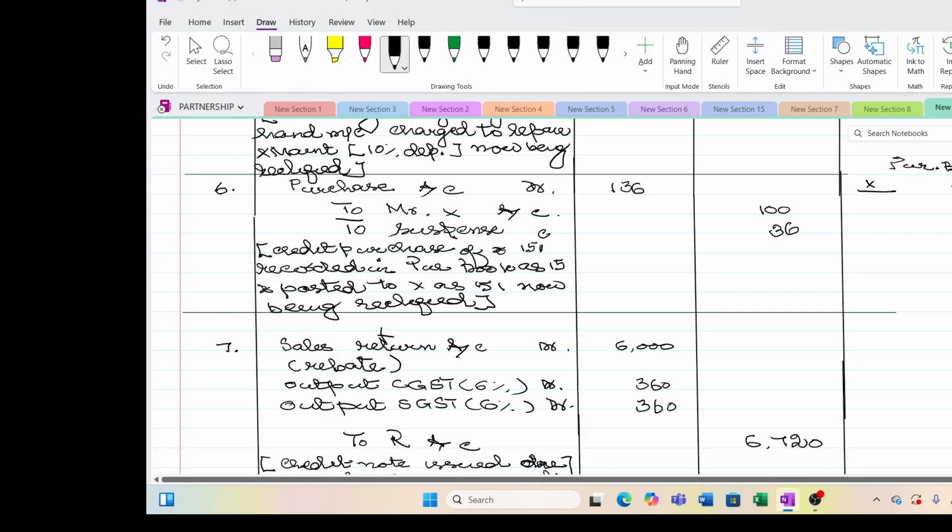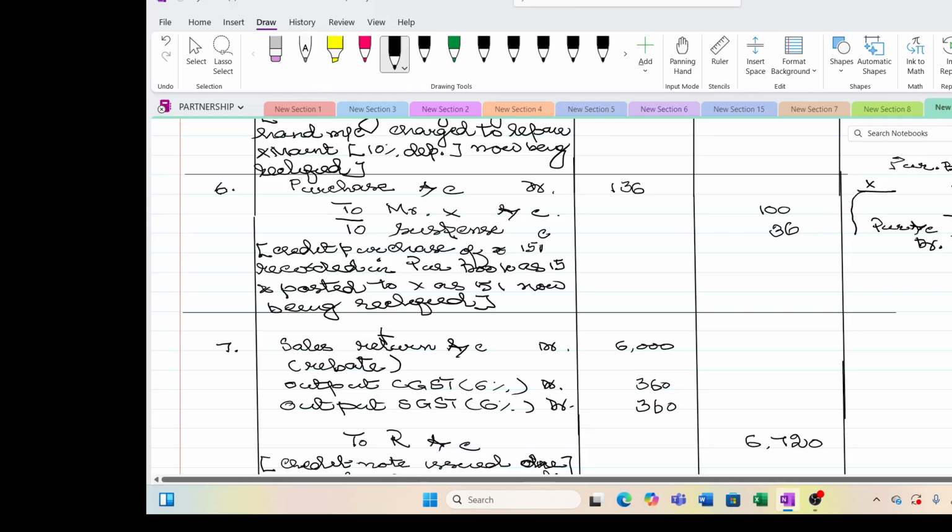So what happened? In the purchases account, the total will come here. Under the periodical total, you have done it as 15. Let me consider that only one item was purchased during that month, and this is posted to the purchases account. So the purchases account is debited with 15 rupees. That was one more error.